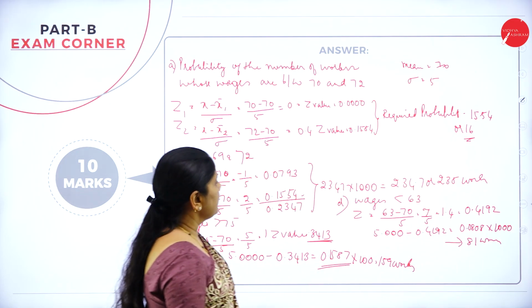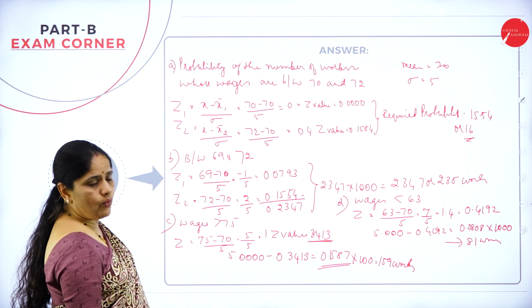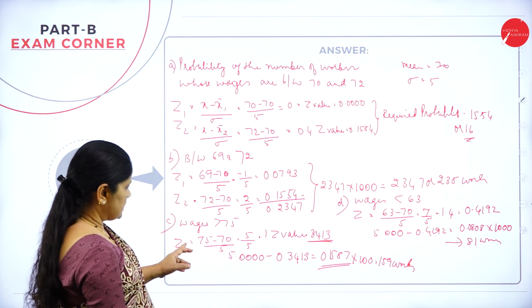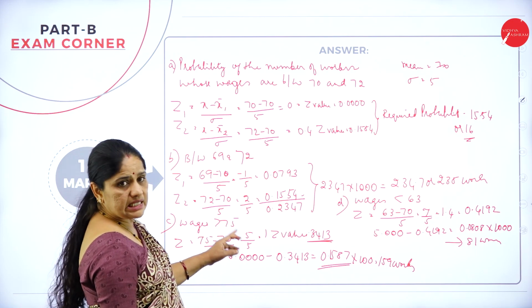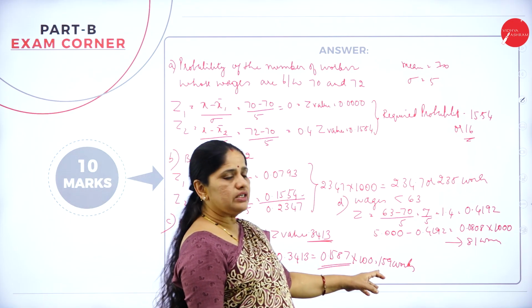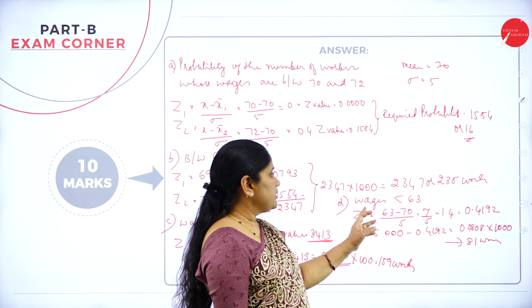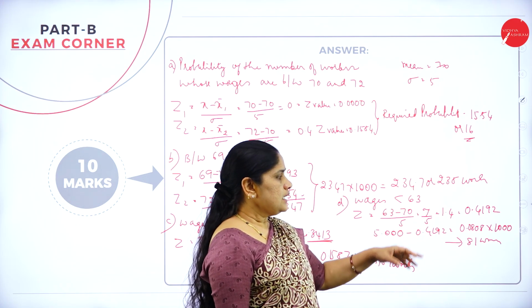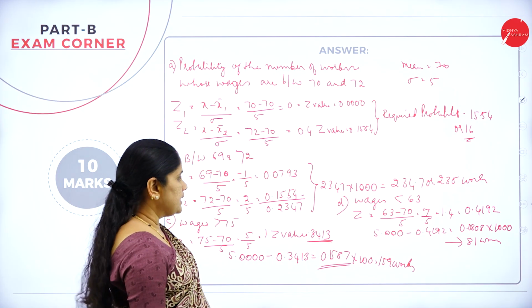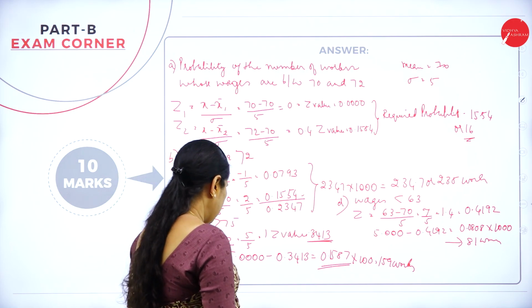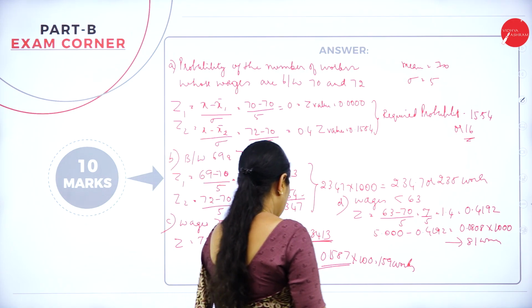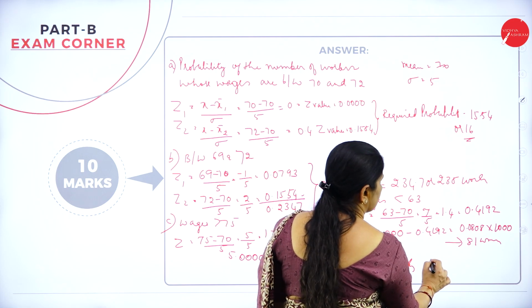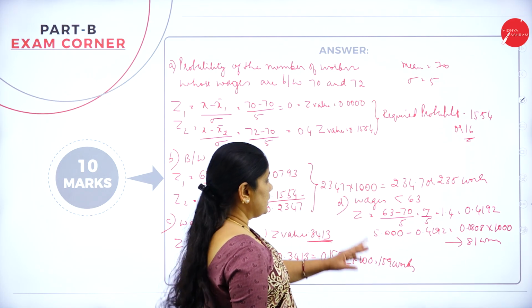So in this way we have to find out the values here. So this is the D here. So when the wages is greater than 75, the number of workers is 159. When the wages is less than 63, the number of workers will be 81. So when the wages is more than 80, the same way we have to calculate the Z value.